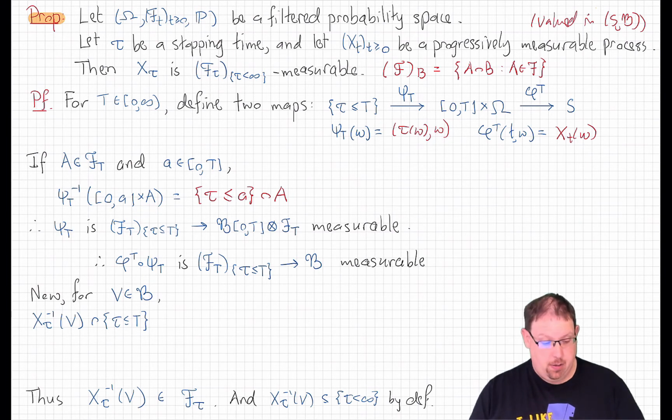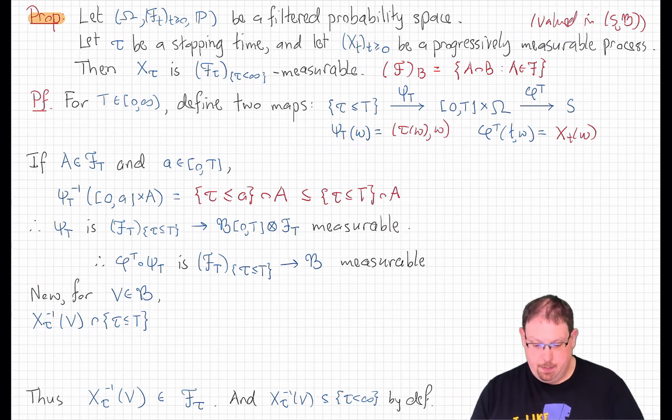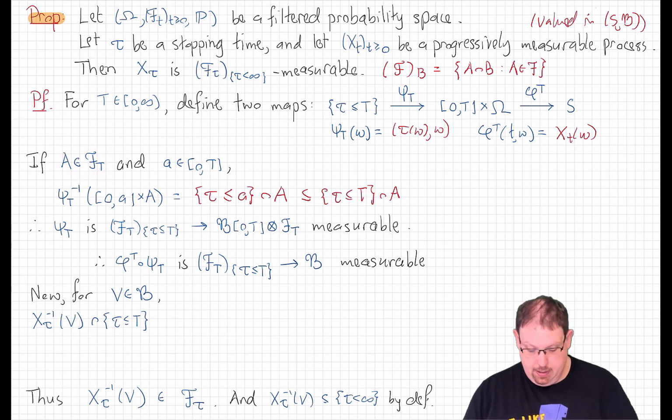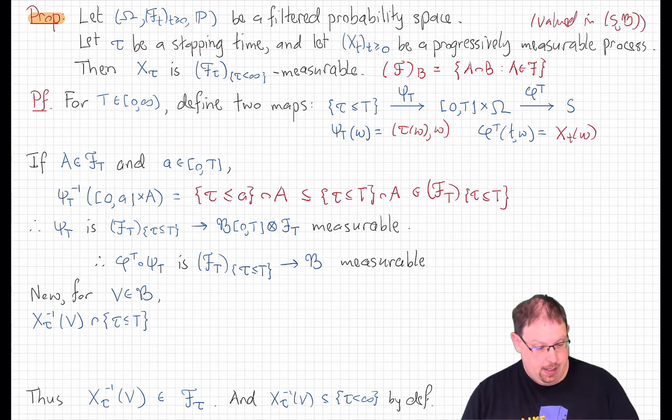But a is less than or equal to capital T, so that's contained in the event that tau is less than or equal to capital T, intersected with A. And since tau is a stopping time, this is in F_t. And in fact, since A is in F_t, this is in the sigma field F_t restricted to the event that tau is less than or equal to capital T.